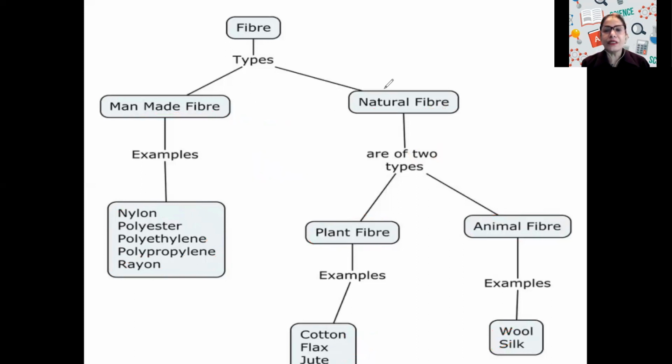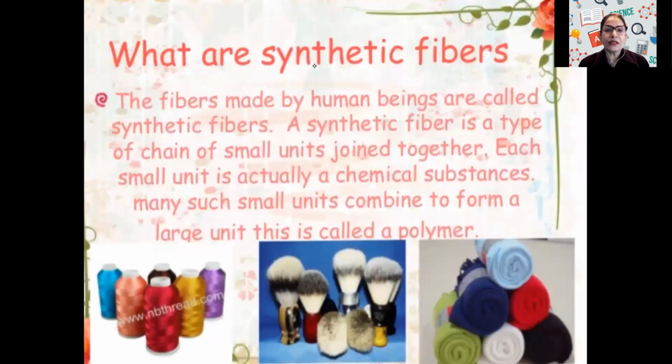Now let us see what synthetic fibers are. We know that synthetic fibers are the fibers made by human beings. They are called synthetic fibers or man-made fibers. The synthetic fiber has a single small unit known as a monomer.